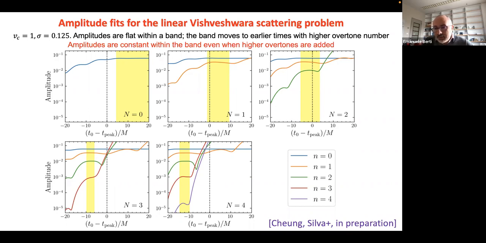The SXS simulations are fantastic. I mean, you fit a damped exponential 50M after the peak. That's amazing. In 2007, we couldn't even dream of doing that. Now, the question is, when are we fitting physics, and when are we abusing the overtones to fit something that is either tails or nonlinearities?